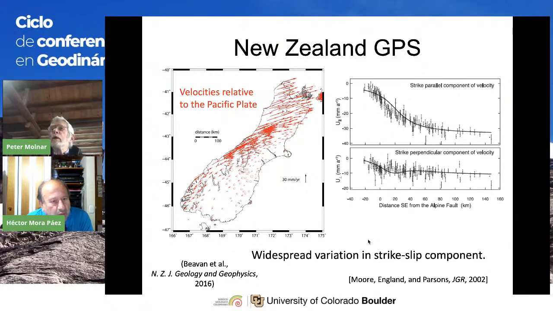So, well, why is it necessary to do that? Because when we are trying to express the data, we are expressing the data with the global reference frame like ITRF, or sometimes with respect to the Caribbean, or sometimes with respect to the South American plate. But it's not easy to understand why it is necessary to do it with respect to the hotspot reference frame.